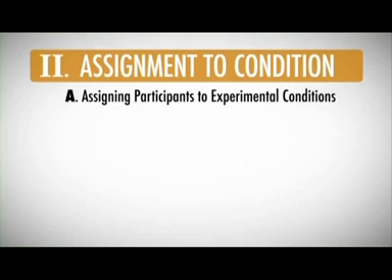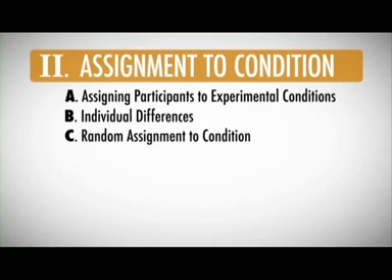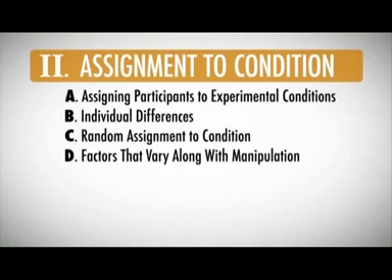We will examine the risks involved when participants select their own conditions, paying close attention to individual differences variables and exploring ways to minimize this risk, such as random assignment to condition. We will also talk about factors that vary along with the manipulation that may really be responsible for the results we attribute to our experimental conditions.